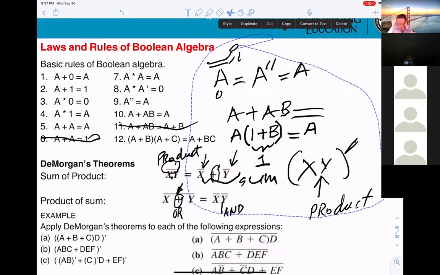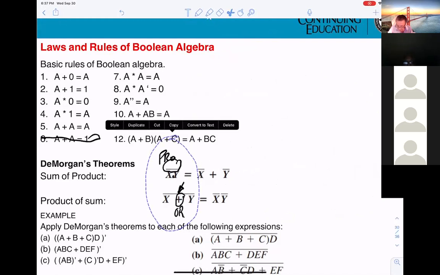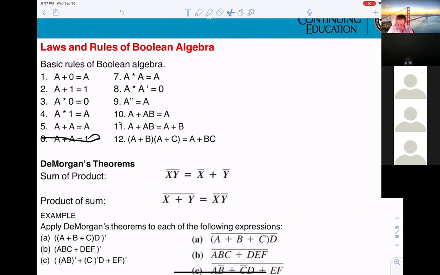So the way to read that is: not (X or Y) is equal to not X and not Y. Yeah, they are just converting. That means they want to remove the bar over.